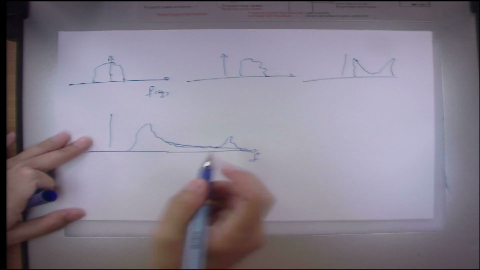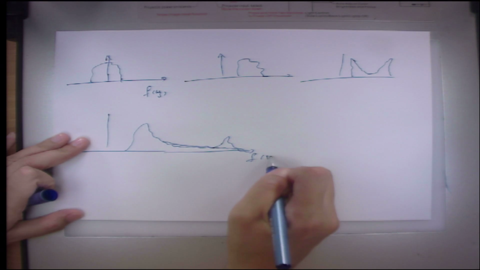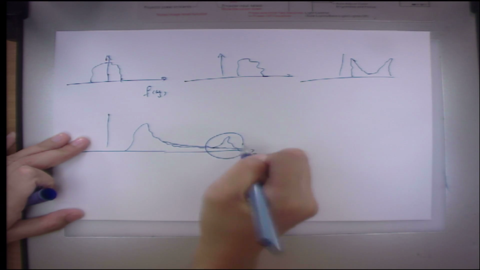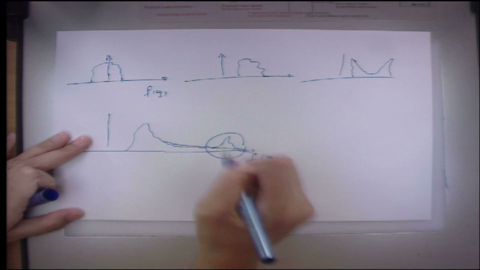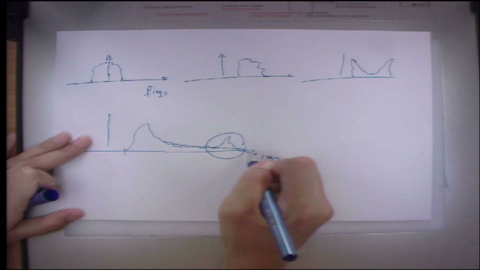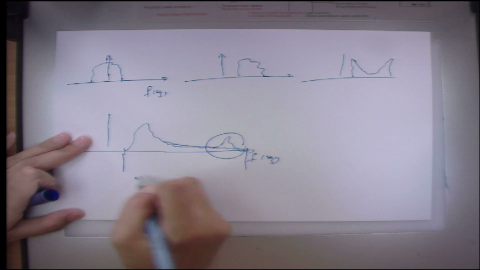This one has a high frequency component, so you have to keep this part. This means the bandwidth is from this to this. This is the bandwidth.